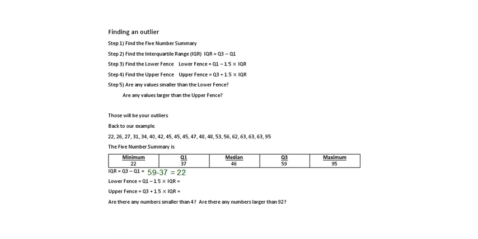Using our formula, the lower fence is going to equal Q1, which was 37, minus 1.5 times the interquartile range, 22. And that's going to equal 4. Now we're going to find the upper fence. The upper fence is going to equal Q3, which is 59, plus 1.5 times the interquartile range, which is still 22. And that's going to equal 92.